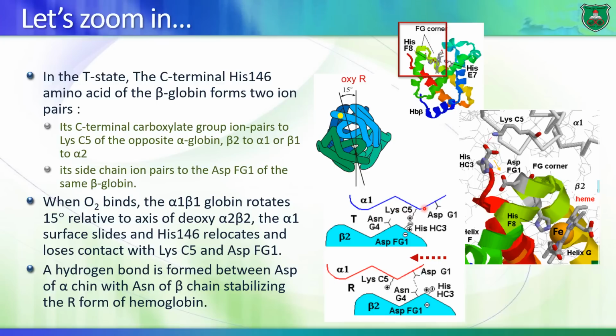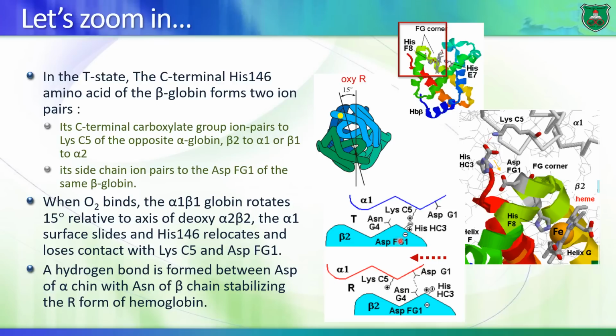So when you have this change in the structure of heme that changes the position of the proximal histidine, it changes the structure of the alpha helix. This little movement causes a sliding of the beta chain and the alpha chain. Remember, there's a 15 degrees movement or sliding of these polypeptides.